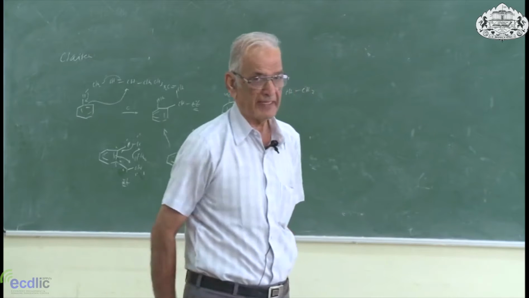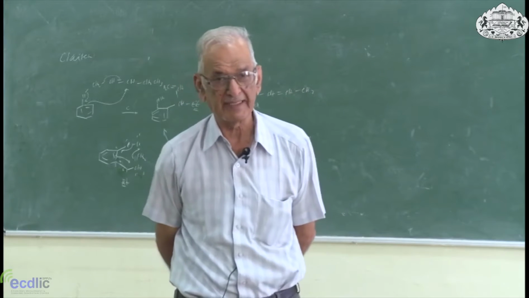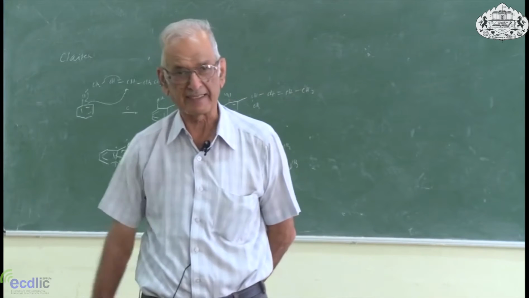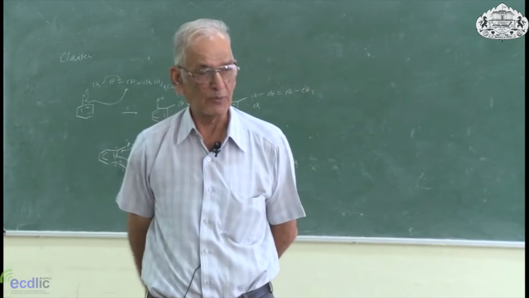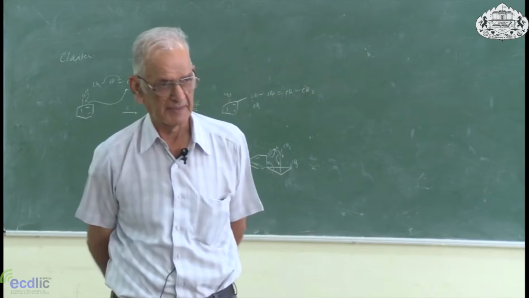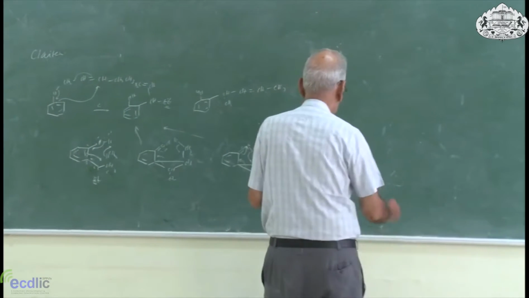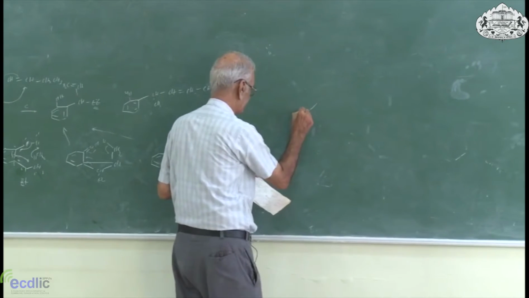But the Claisen rearrangement was actually discovered in aliphatic systems. Today, everybody thinks that the Claisen rearrangement occurs only in the aromatic system, but the original Claisen rearrangement was discovered in the aliphatic system.